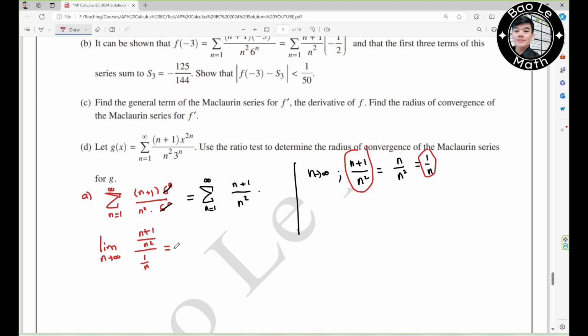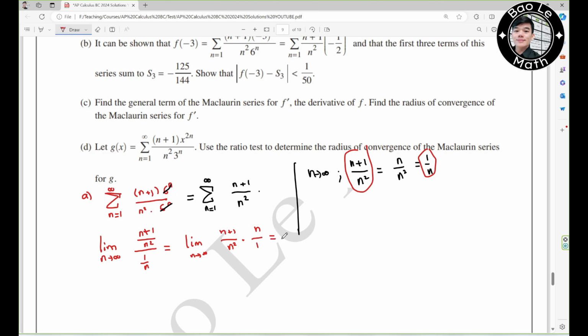It turns out to be the limit n approaches infinity of n plus 1 over n squared times n over 1.